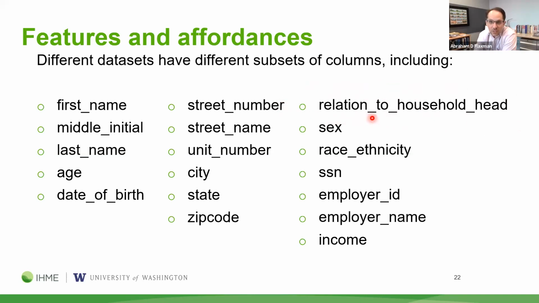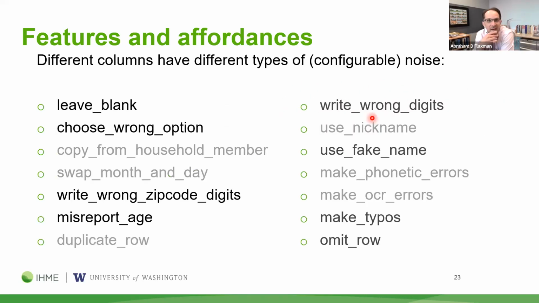to go beyond what you can do just looking at individuals. And then layered on top of all of those different columns and all of those different simulated data sources are all of the different types of errors you can have, different ways of things going wrong, like just leaving it blank, to intentionally or unintentionally choosing the wrong option, to using the fake names that we looked at recently when I was demoing, or misreporting age because you don't remember or don't want to confess to your true age.